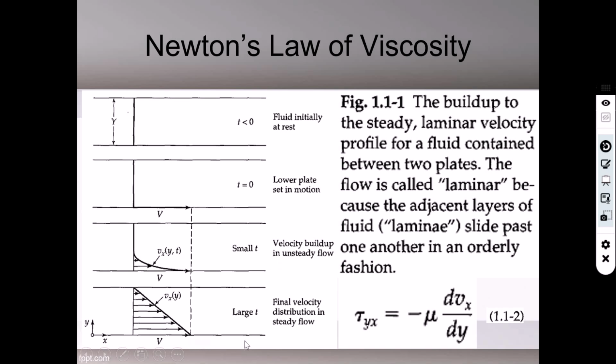Once we do it that way, the fluid has a velocity of v at the point in contact with the lower plate. It moves in this way, and then you will have the velocity gradient dv/dy, where y is in this direction.